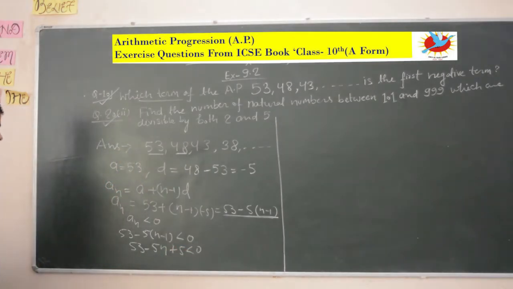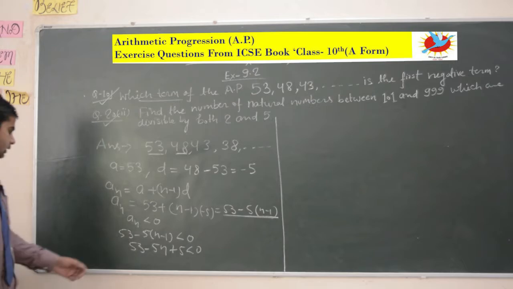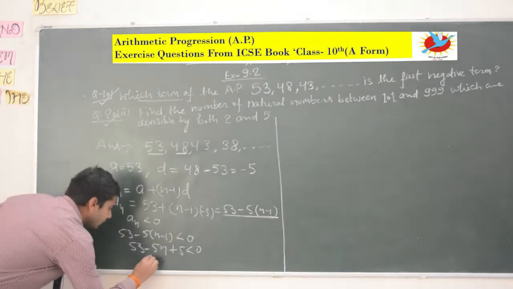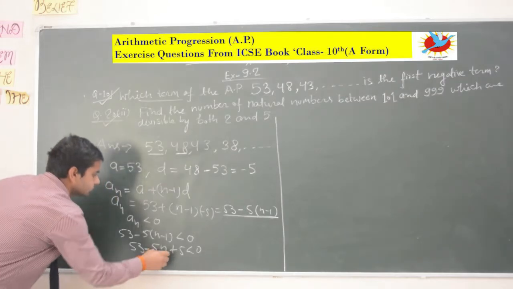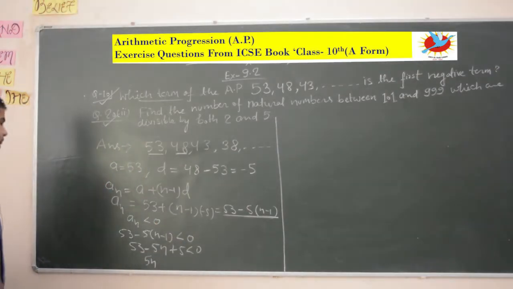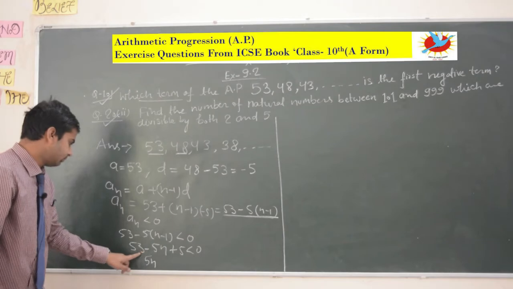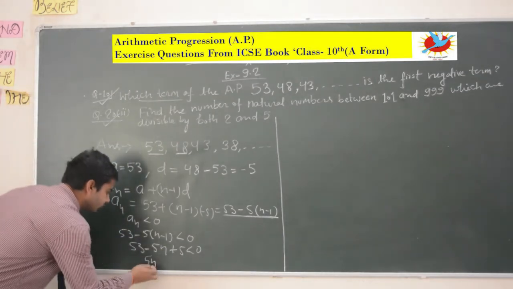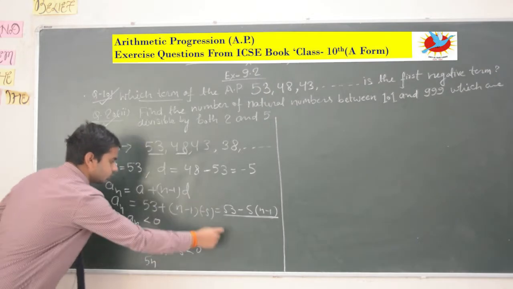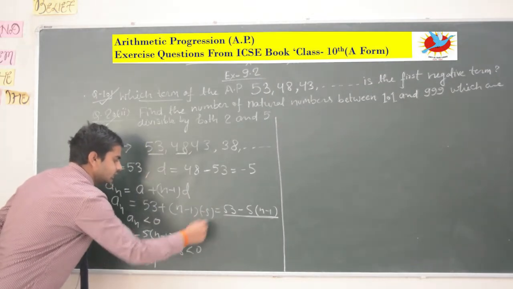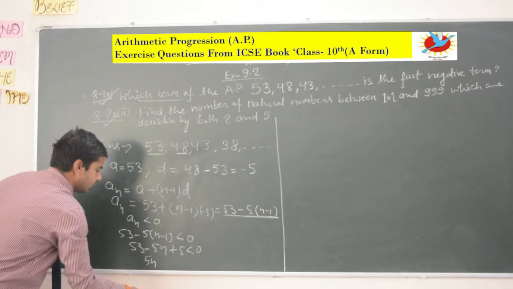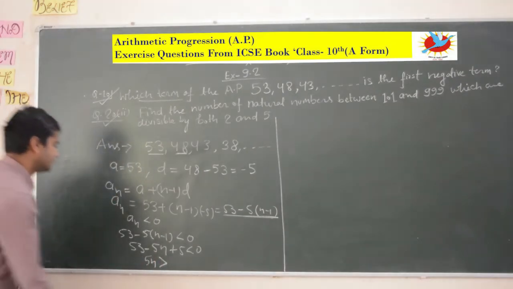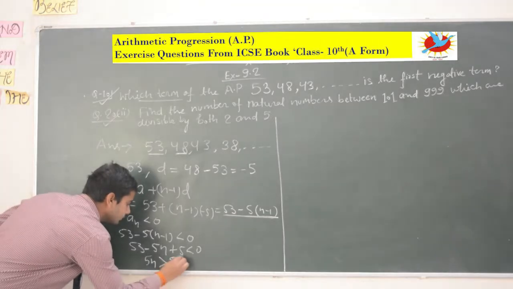Take the 5n term to the right hand side, so it becomes positive 5n, and 53 plus 5 makes 58. The inequality sign goes to the other side, so 5n is greater than 58.